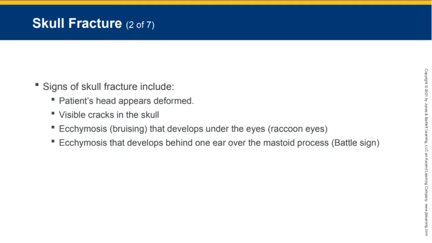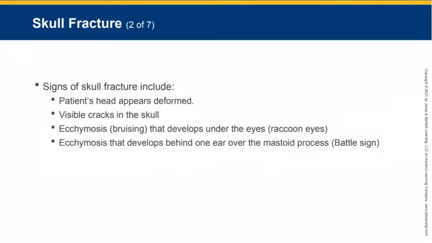Ecchymosis that develops behind one ear or over the mastoid process is referred to as Battle sign. Again, this ecchymosis is not something that will occur right away. It will develop as the bleeding gradually occurs.